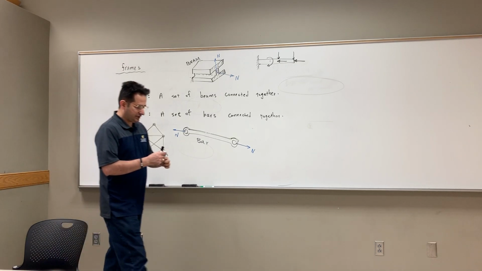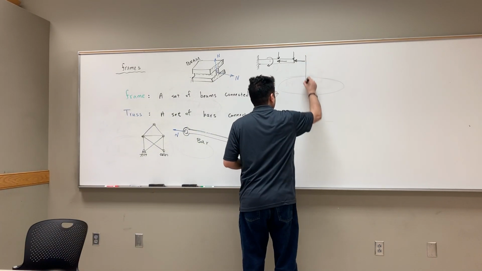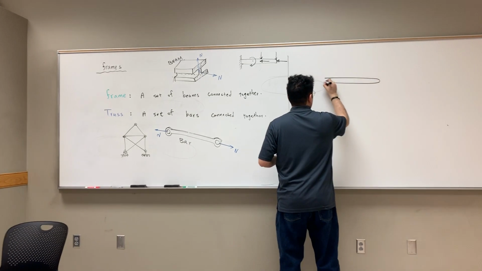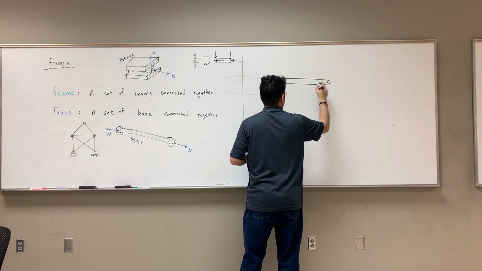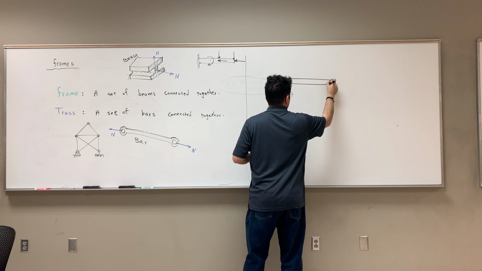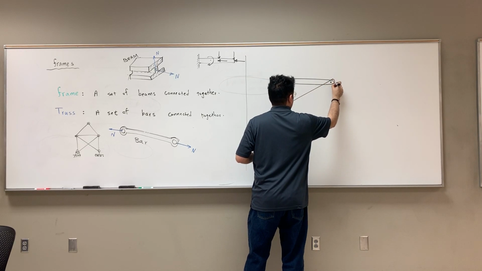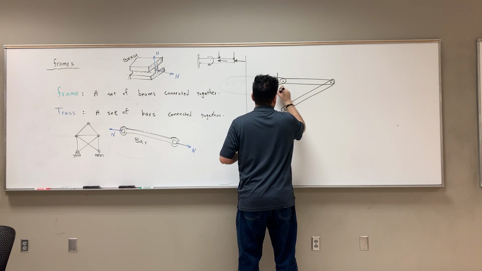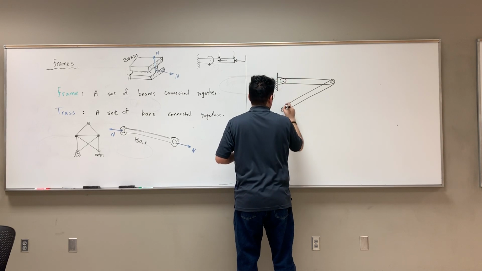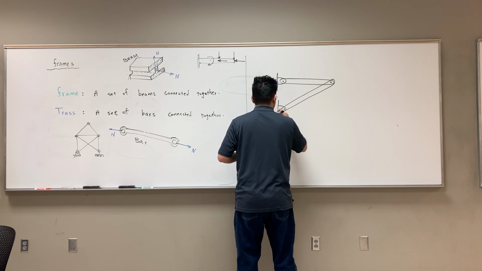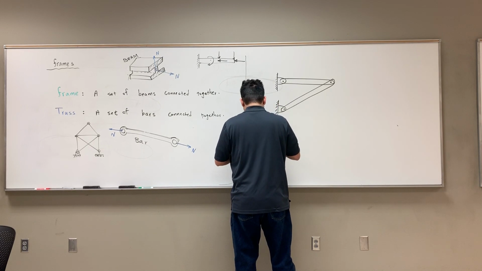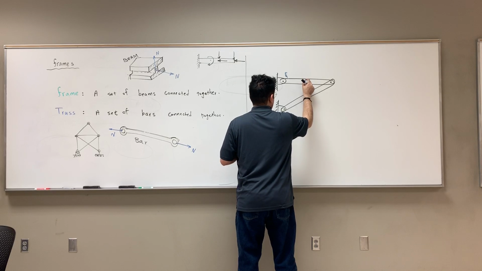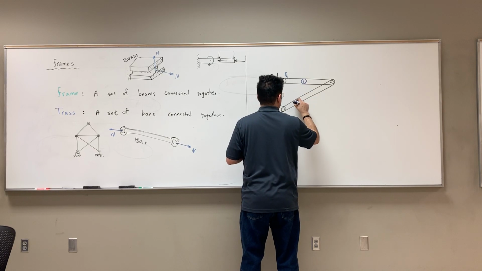So the first example of the frame, let's say you have 2 beams, beam number 1 connected to beam number 2, and the bolts, pin, and the wall. So let's label this 1. Let's put it here, and 2.